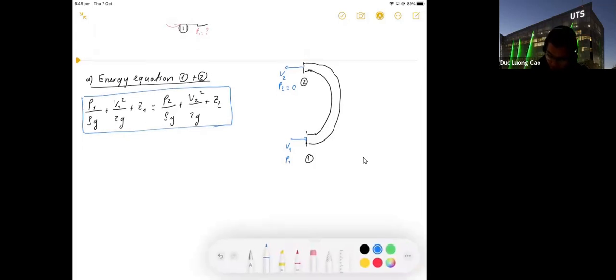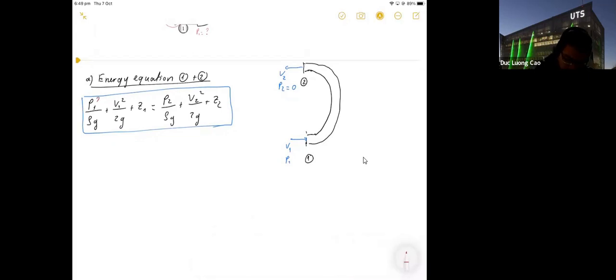Here, P1, we have to find this one. And what we have in this equation: P2 is 0, atmospheric pressure.